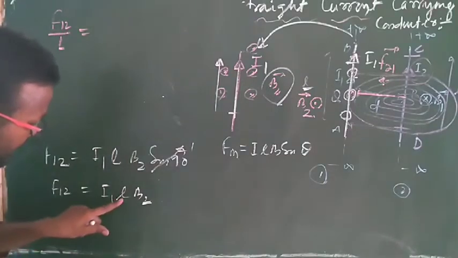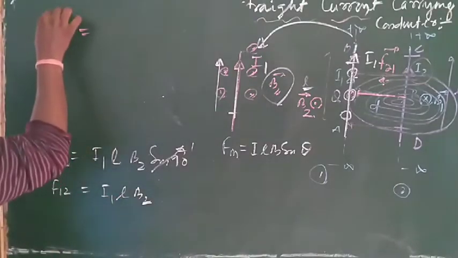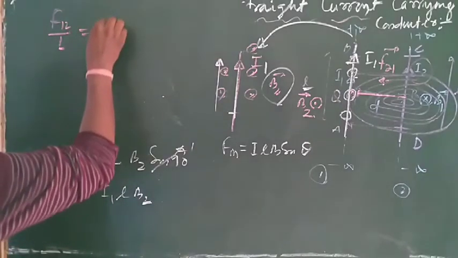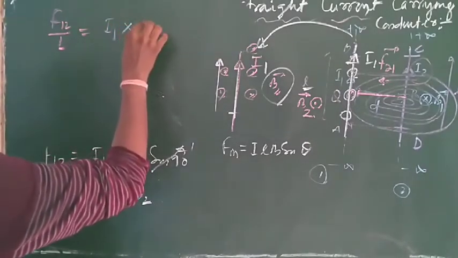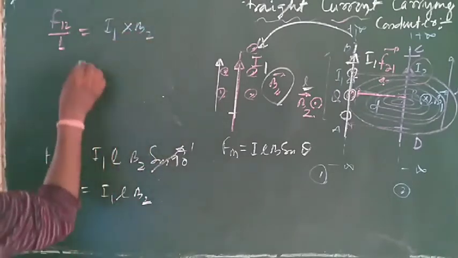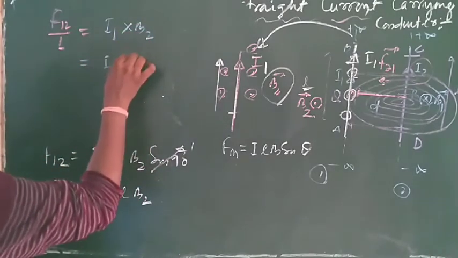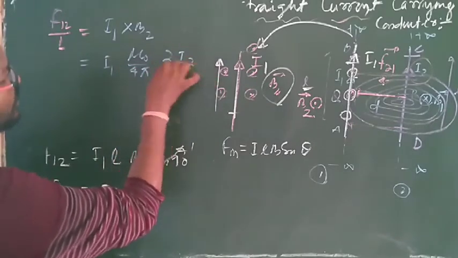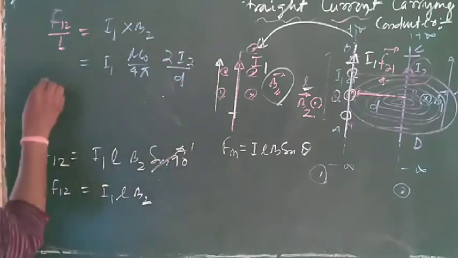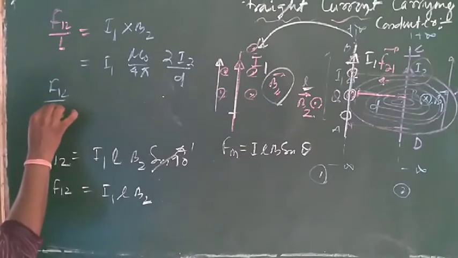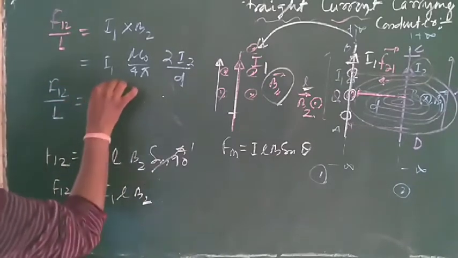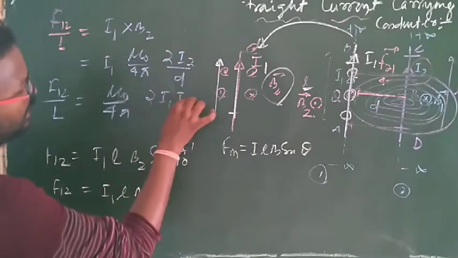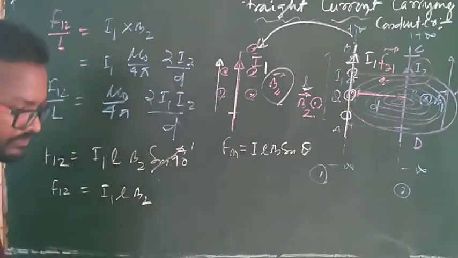Dividing by L, F12 by L equals I1 into B2, and the value of B2 is mu naught by 4 pi into 2 I2 by D. So F12 by L equals mu naught by 4 pi into 2 I1 I2 by D.